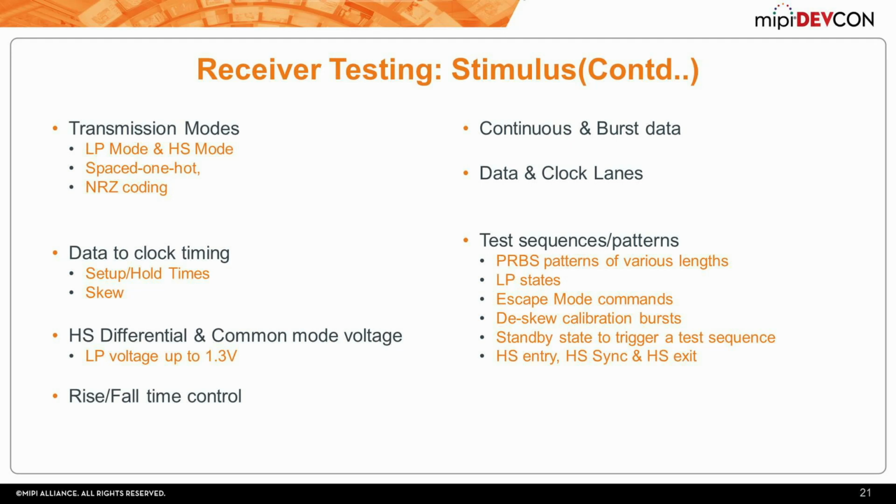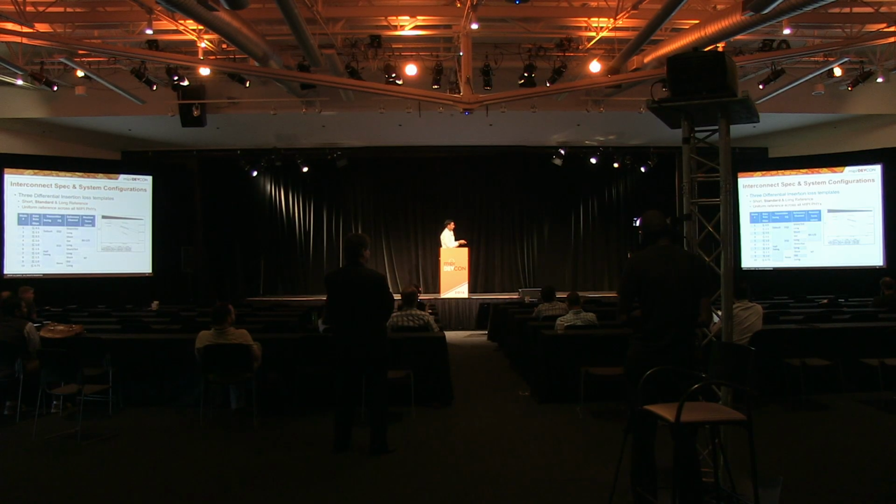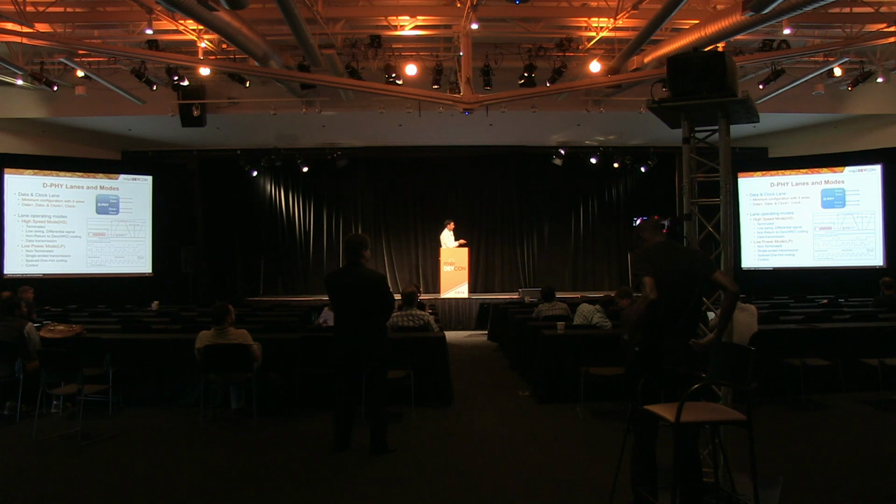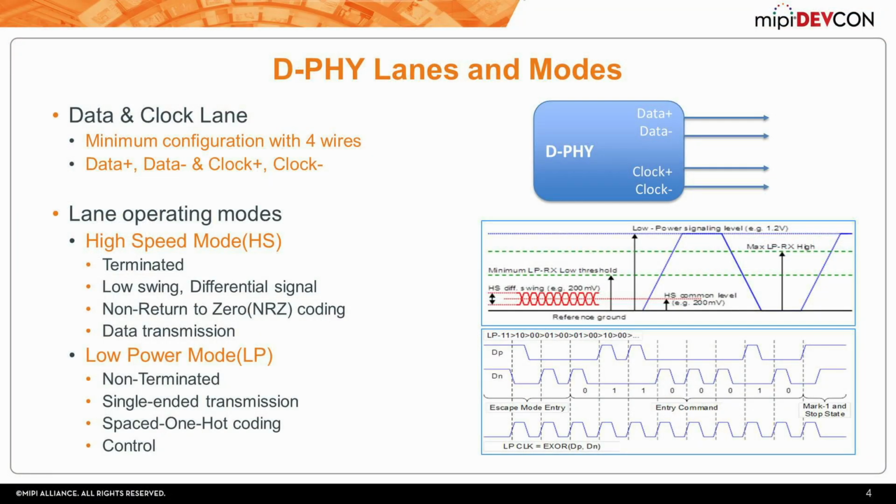Okay. So it's a type of encoding which the LP mode uses, where each bit has two subphases. Pardon me for a second, please. Yeah, here. So it's a type of encoding.